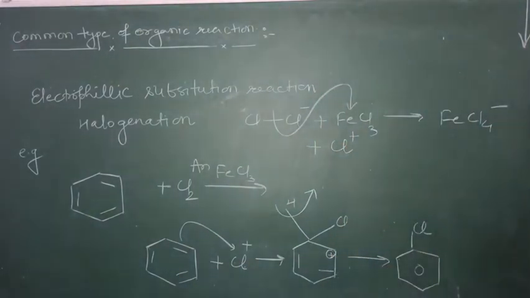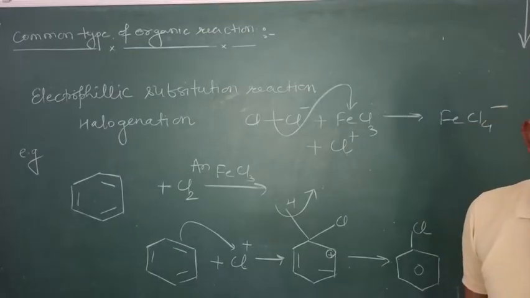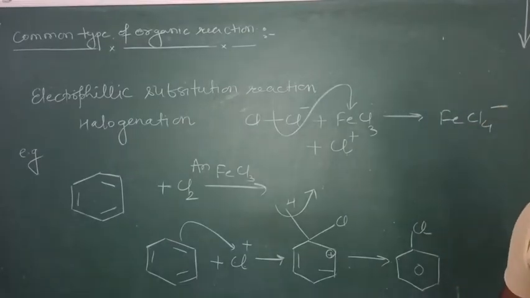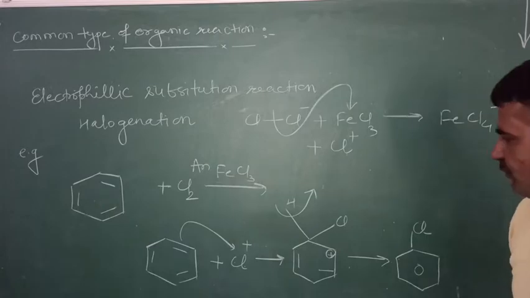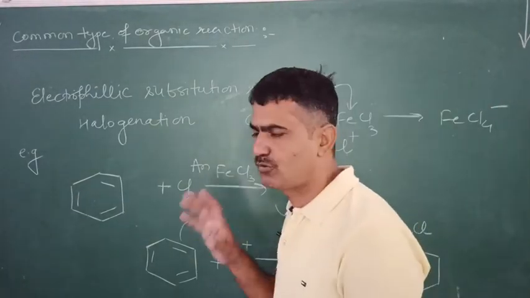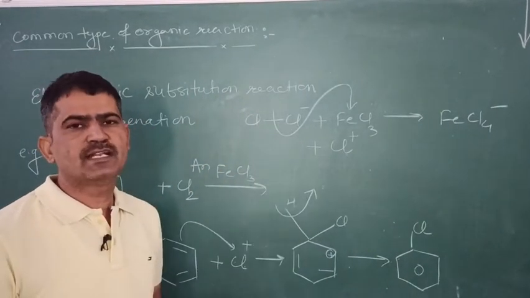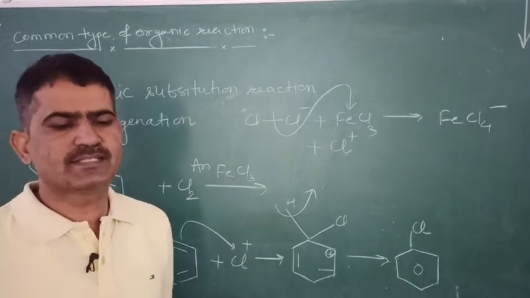This is an electrophilic substitution reaction because chlorine acts as an electrophile and substitutes this hydrogen. Why is it known as the electrophilic substitution reaction? Because it is carried out by an electrophile.